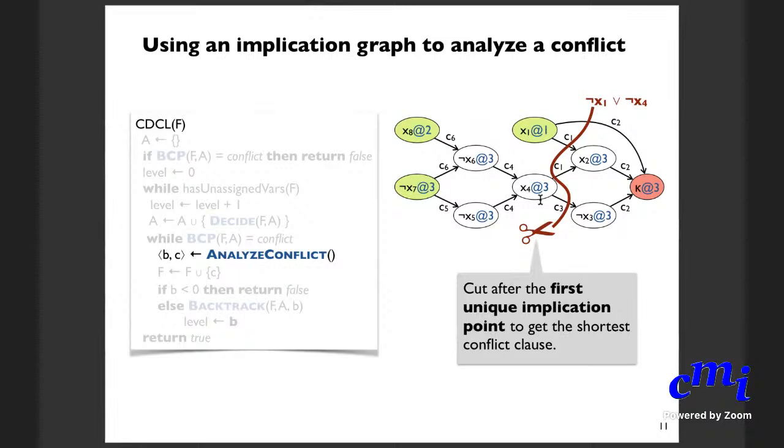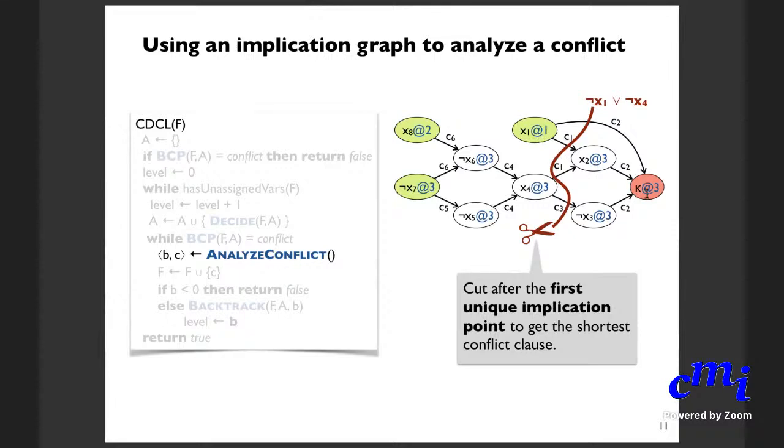When you add that and then backtrack to a level, the decision on this x4 to block the conflict clause gets flipped automatically, because all the other decisions stay when you backtrack.